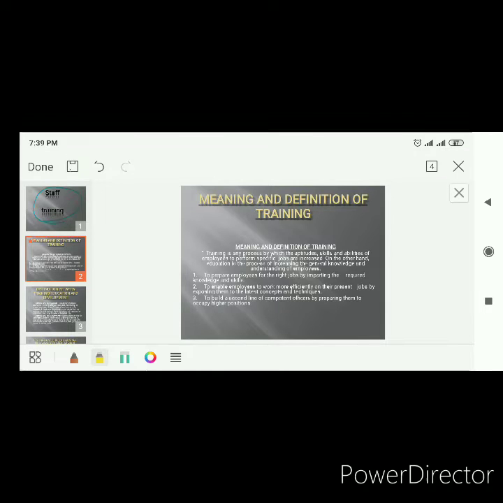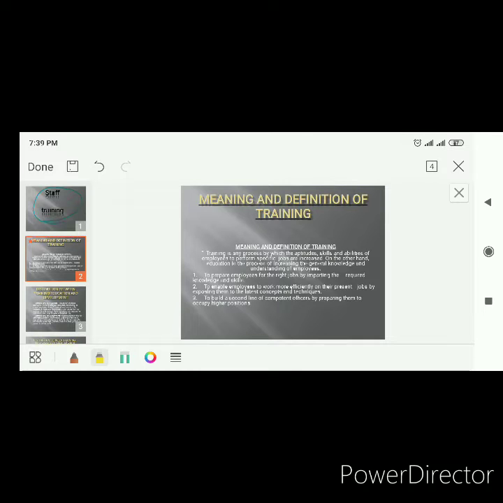Understood? So what are the main objectives of training? Point one: to prepare employees for the right job by imparting the required knowledge and skill. If I teach my employees what to do, when to do, how to do, then the employees are going to do it properly, right? That is how we prepare them so that they can do the job properly.